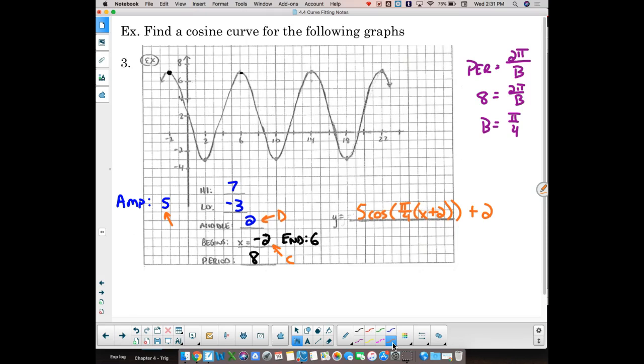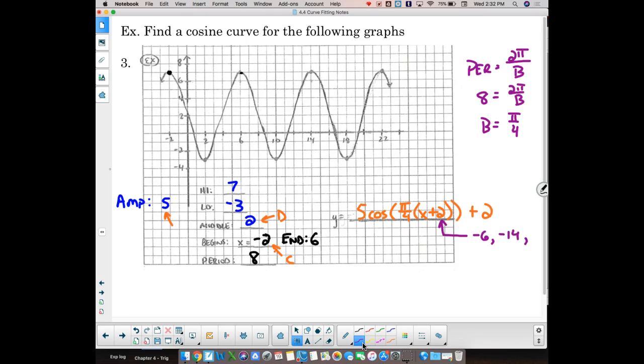Okay? A couple of people I asked to find some different ones. The only thing that would change would be that number there. So instead of plus 2, it could be, oops, not plus 6. It would be minus 6. Could be minus 14.